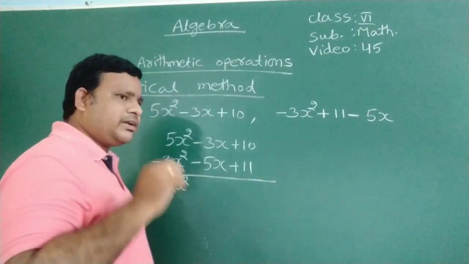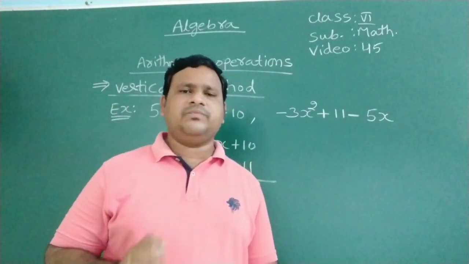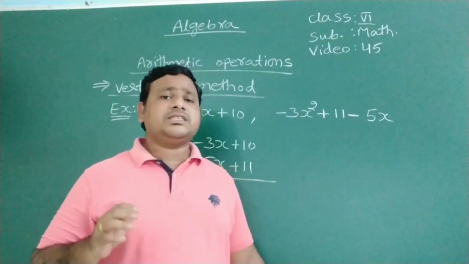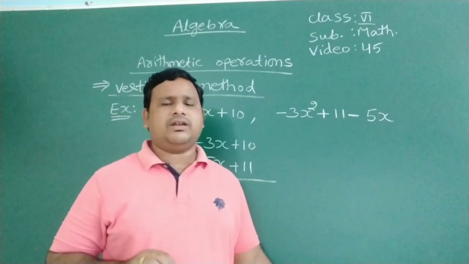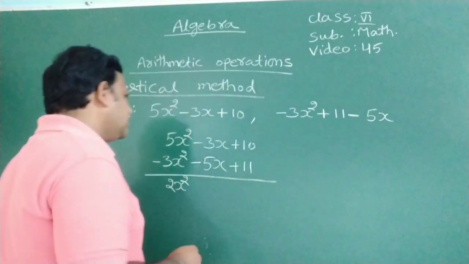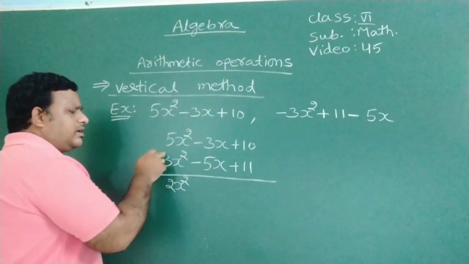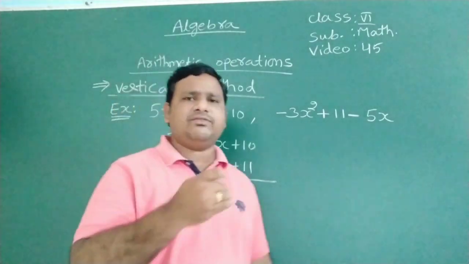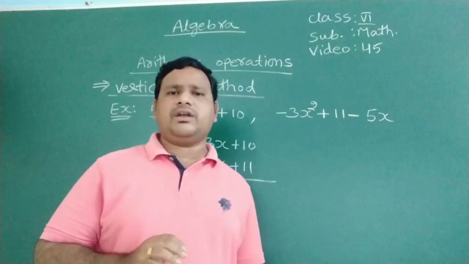We don't subtract x square minus x square as 0 like that, don't think so, please. The sum of the like terms is the sum of the numerical coefficients with the same literal factor, and likewise the difference of the like terms. This is 5x square, this is minus 3x square, that means it is the difference. 5 minus 3 means we are doing subtraction there.